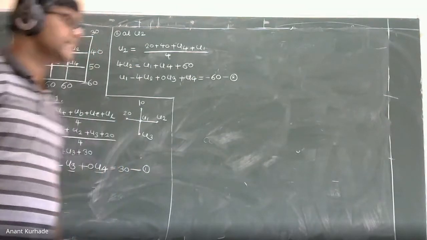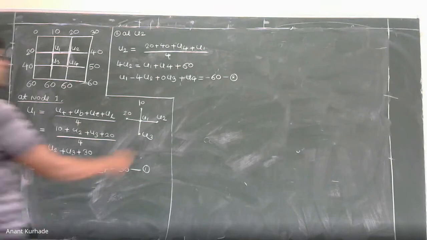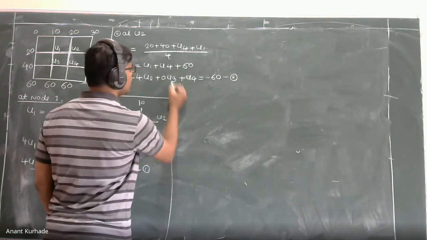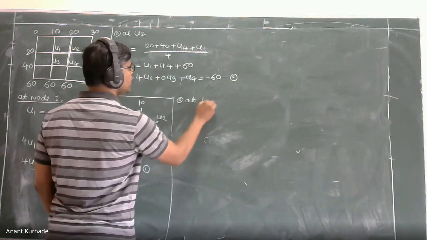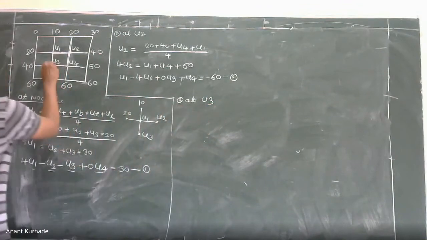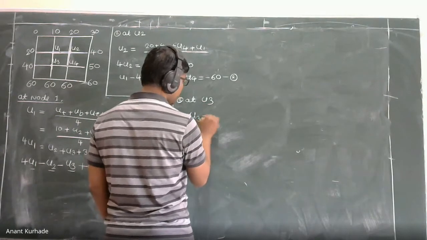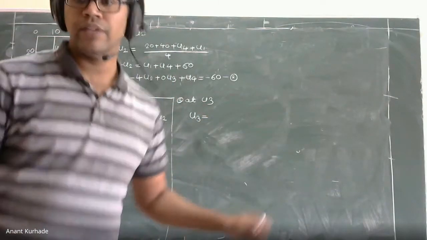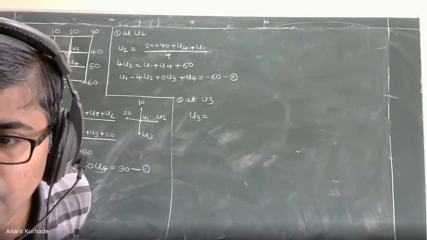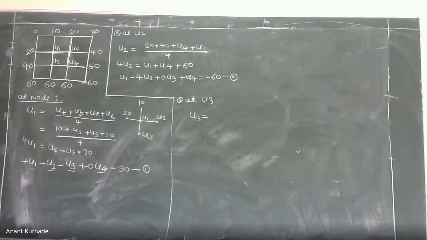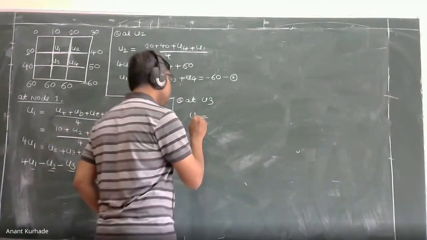Now add the third point, U3. Tell me the equation for U3. U3 is U1 plus U4 plus 60 plus 40, divided by 4.